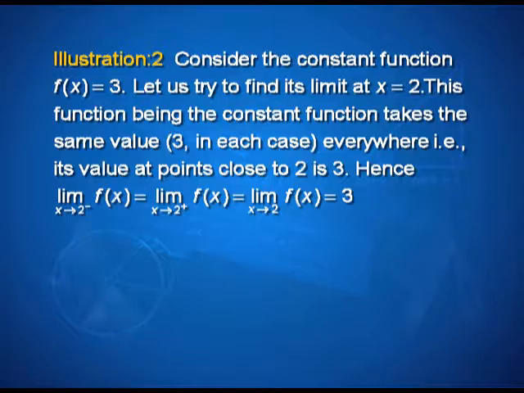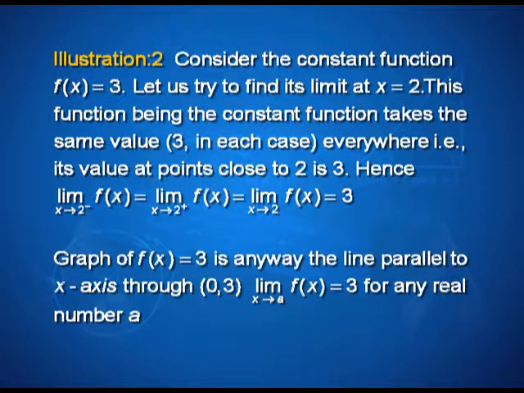Hence, limit f of x as x tends to 2 minus is equal to limit of function f of x as x tends to 2 plus is equal to limit of f of x as x tends to 2 is equal to 3. Graph of f of x is equal to 3 is anyway the line parallel to x axis through 0, 3, that is limit of f of x is equal to 3 as x tends to a for any real number a.